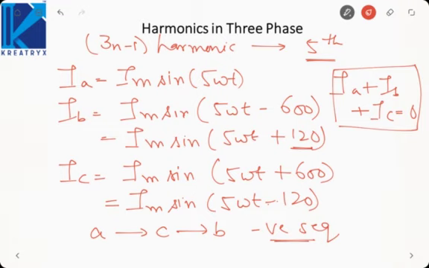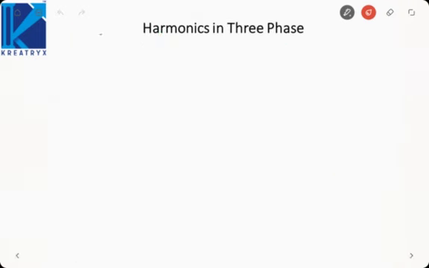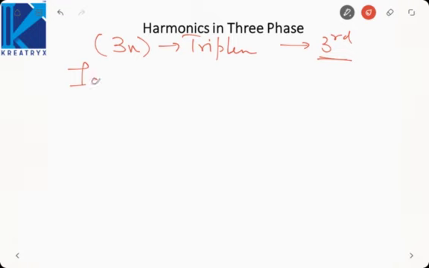Okay, now let us move to 3n harmonics, that is my triplen harmonics. Let us keep n is equal to 1. Let us talk about third harmonic. So if we write IA, it will be Im sin 3 omega t.